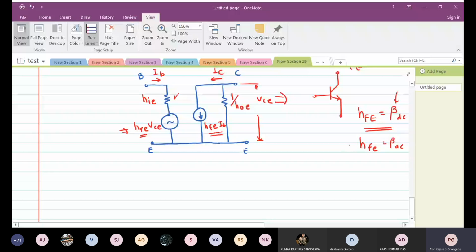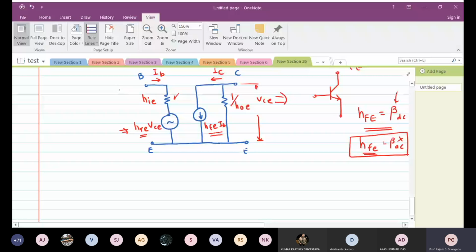Now, since we are talking about AC signals, we will have this parameter called beta AC. We are going to call it hfe, lowercase f, lowercase e. So this is the AC equivalent, the H parameter equivalent of a bipolar junction transistor in common emitter configuration.